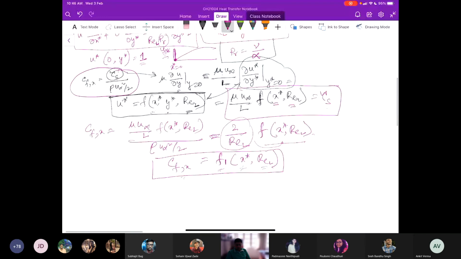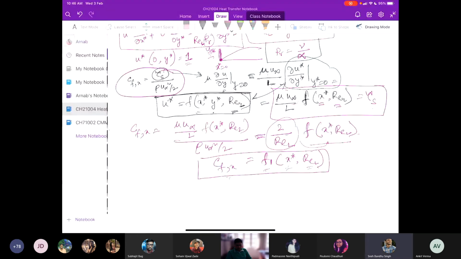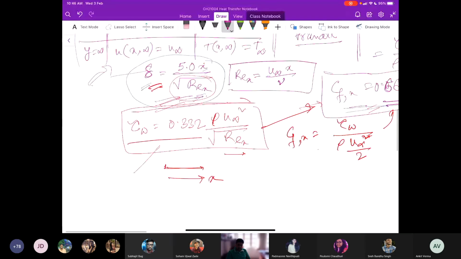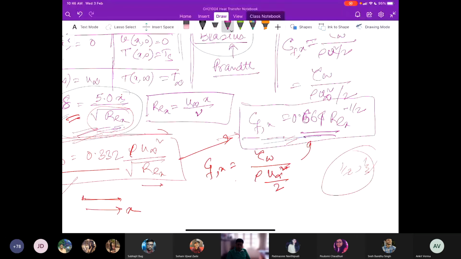Clear? So that is why here you see this expression. We had the friction coefficient as a function of Reynolds number. The local friction coefficient is dependent only on the local Reynolds number.